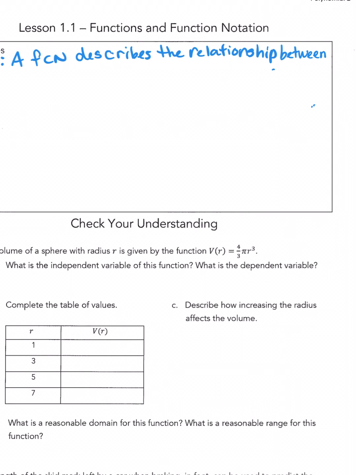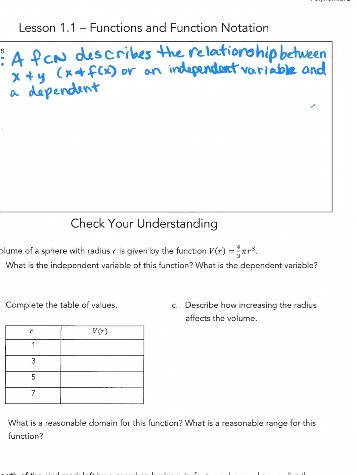An x and a y, right? Or an x and an f of x. What are those called? X is an independent variable. Y is a dependent variable.